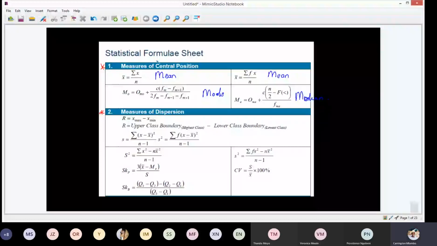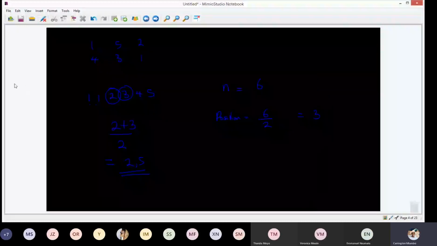Right. So I'm going to give a very simple example. Then I'll show you how we do the calculation. I'll start with a very simplified example so that we can calculate the mean, the mode, and the median. Let's say I'll group it for you.